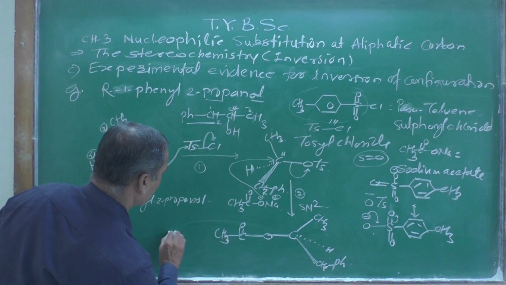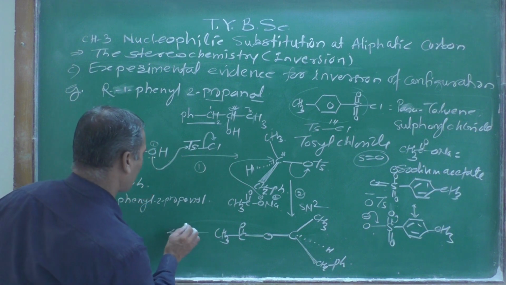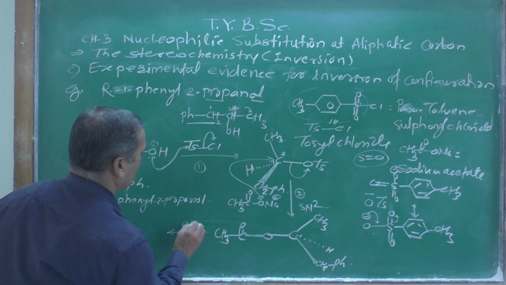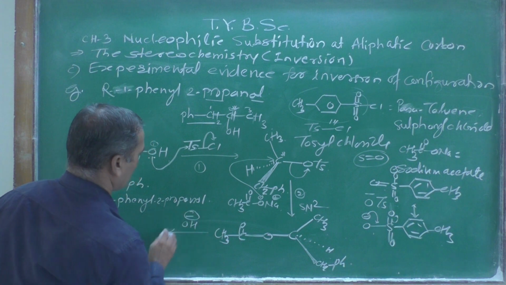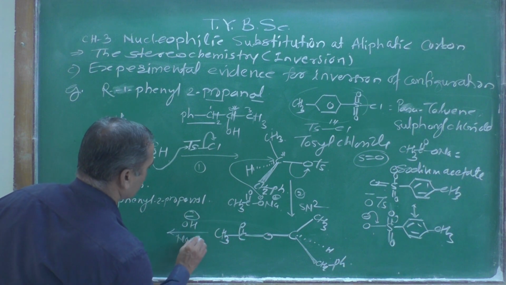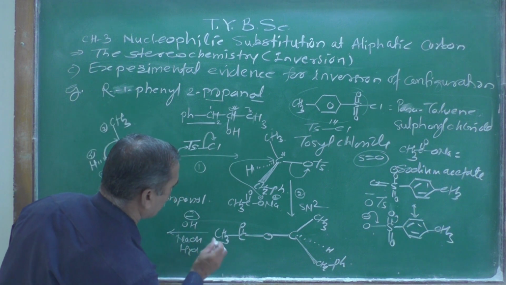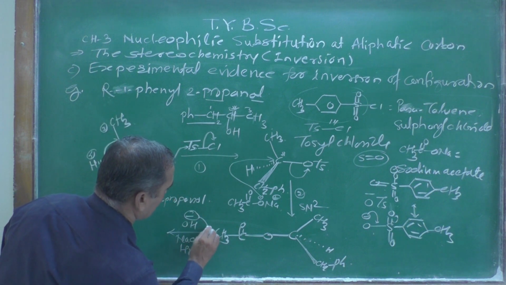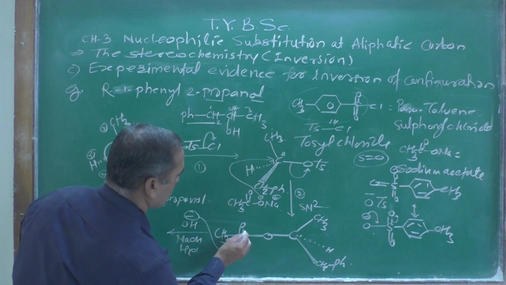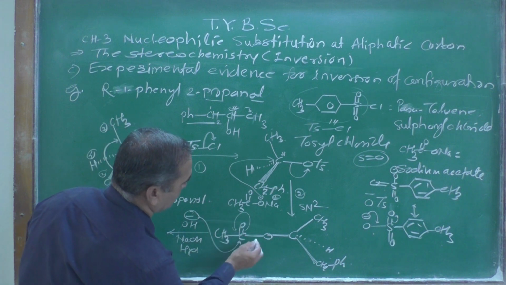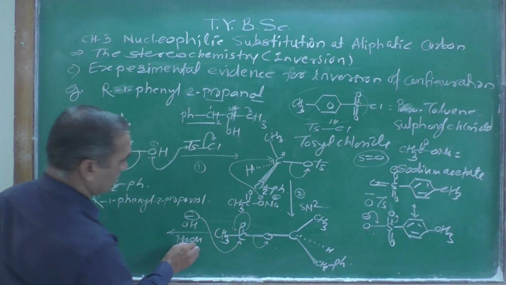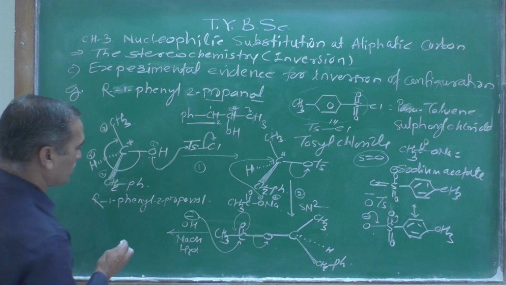Now in the third step, there is a hydrolysis. In the third step, hydrolysis with sodium hydroxide, this is a hydrolysis process. What is going to happen is that this nucleophile is going to attack this carbonyl group, this double bond revolving as it is, and it will take the proton from the water.